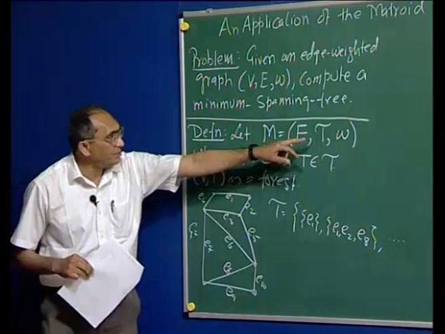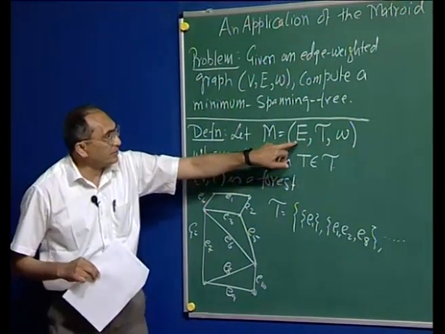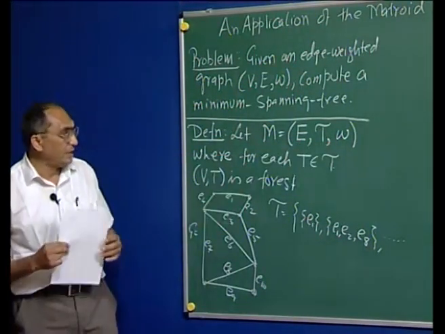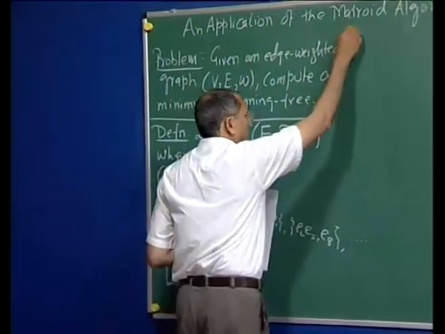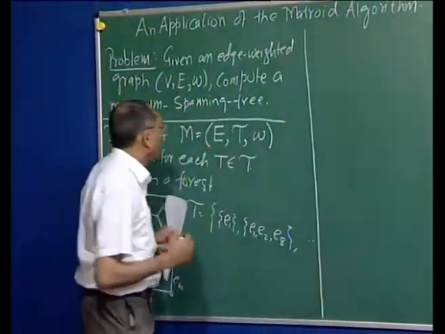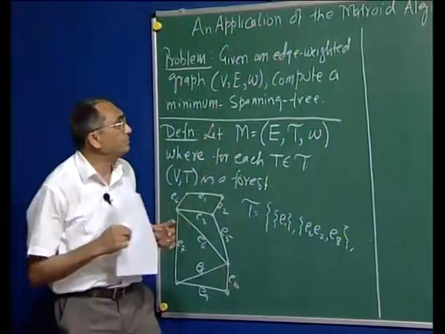Now we have defined all the 3 components of this M, and now our claim is that M is a matroid.